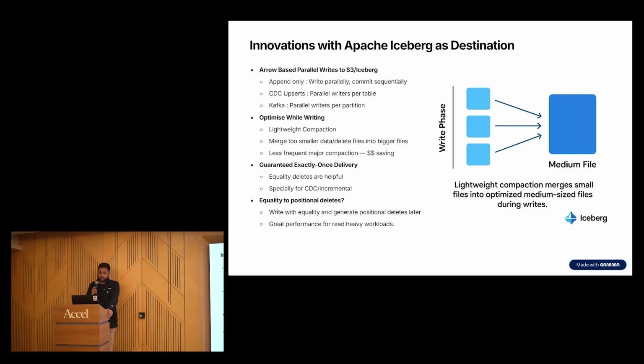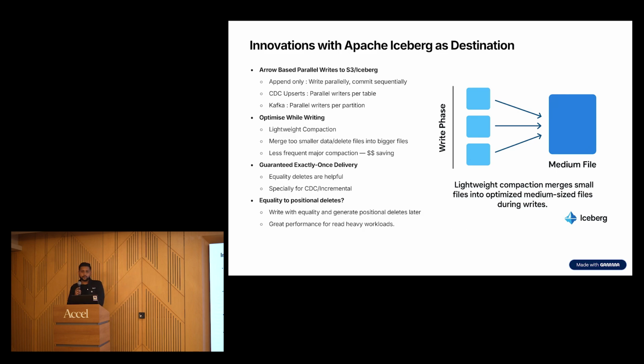One of the cool techniques is to write the data as equality deletes, and in parallel have the writing engine run a background job to convert these equality files into positional files. A couple of initial queries would be slower, but eventually your next queries would be much faster once it has been converted to positional deletes.